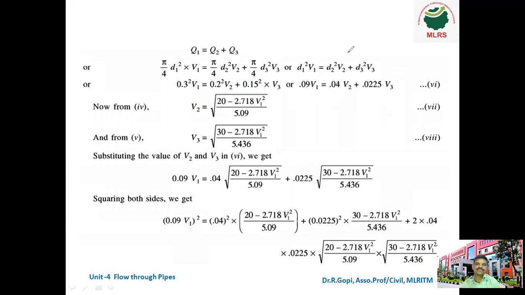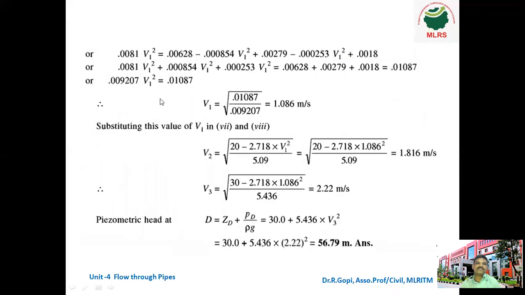So now simplify this equation and calculate V1. Finally we got V1 equal to 1.086 meter per second. Once you found V1, substitute in equation number 7 and 8 and calculate V2, V3.